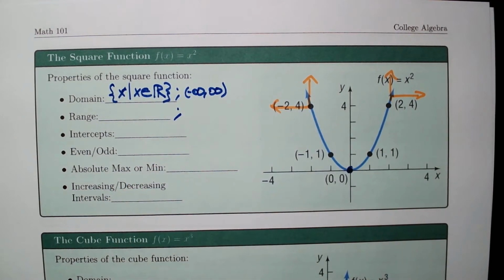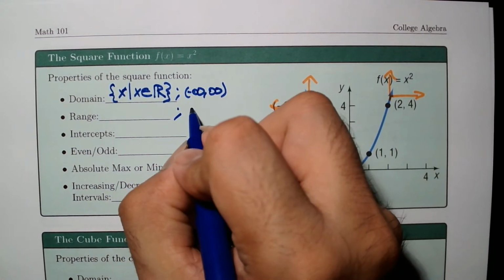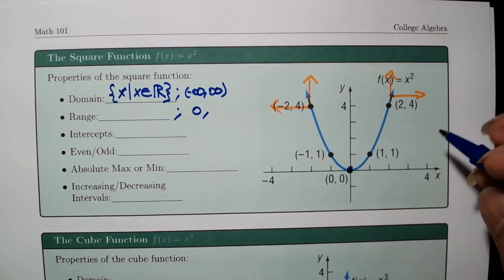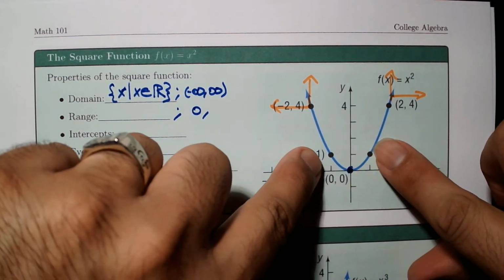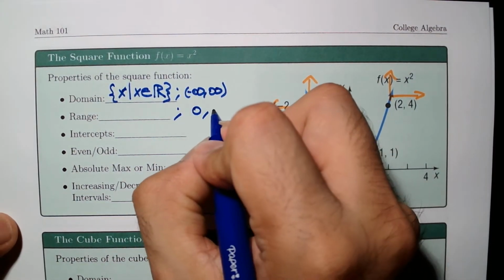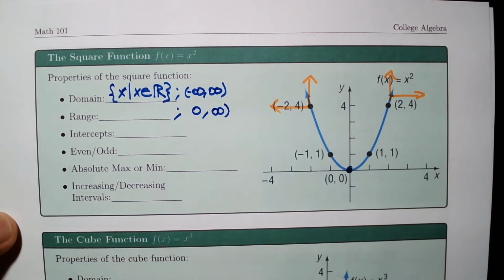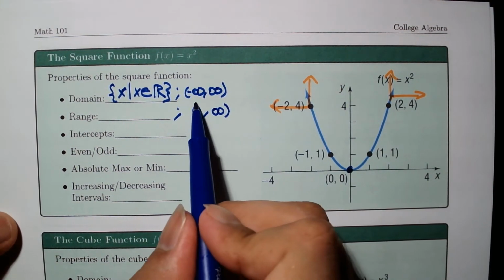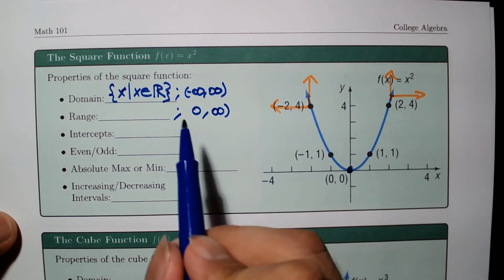I'm going to write that using interval notation first, and then the graph starts extending and going up all the way up to positive infinity. Now, what about the symbol for the 0?